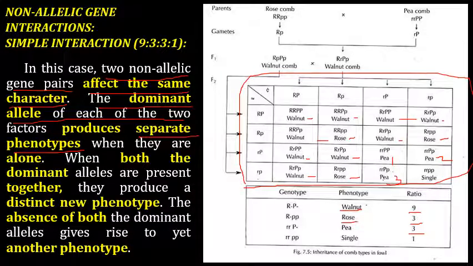And the last genotype is in the absence of both the dominant alleles, which gives rise to another phenotype. Here the small r small r and small p small p shows single comb with the quantity 1. Okay, so this is all about the simple gene interaction.